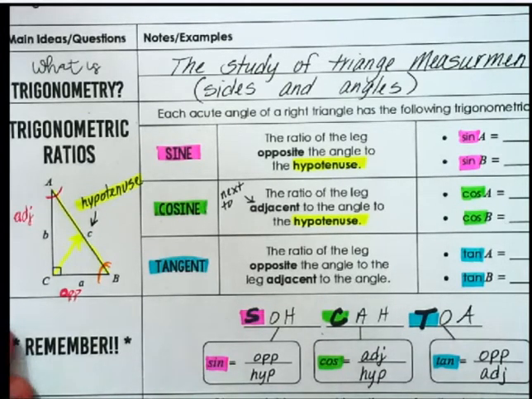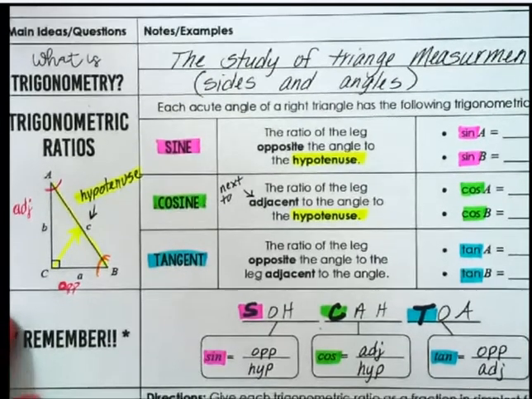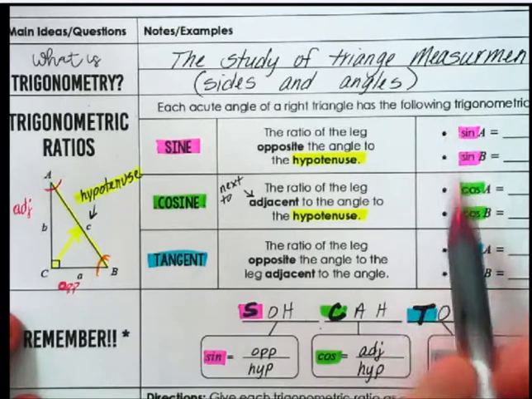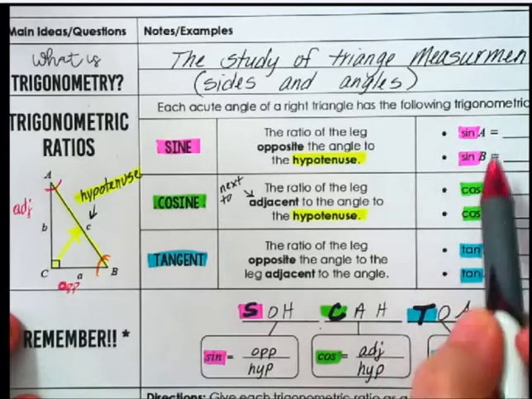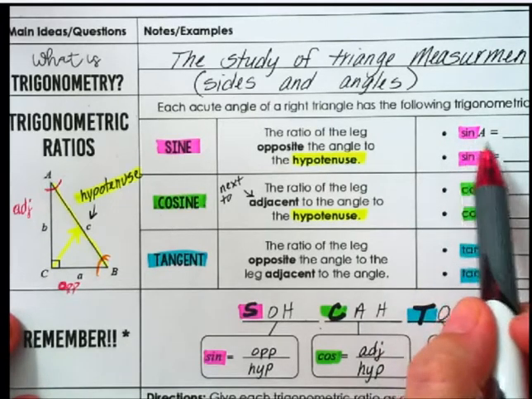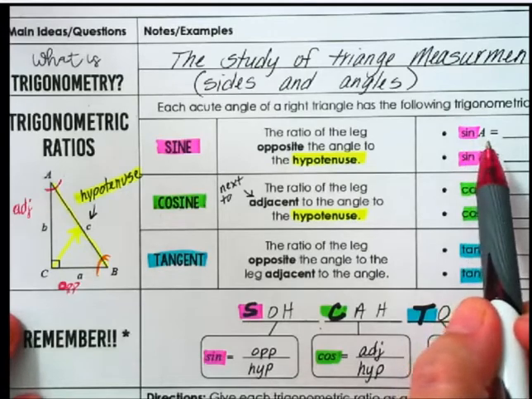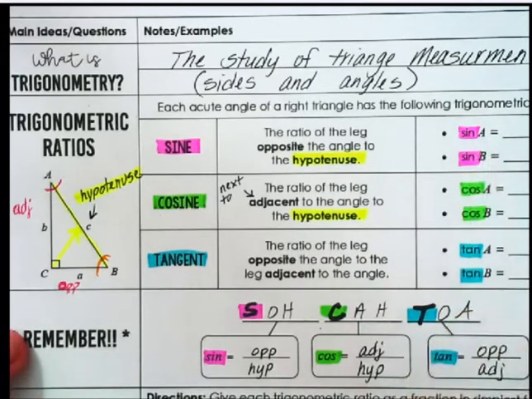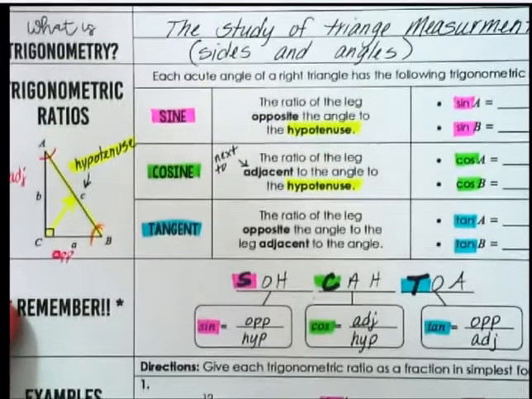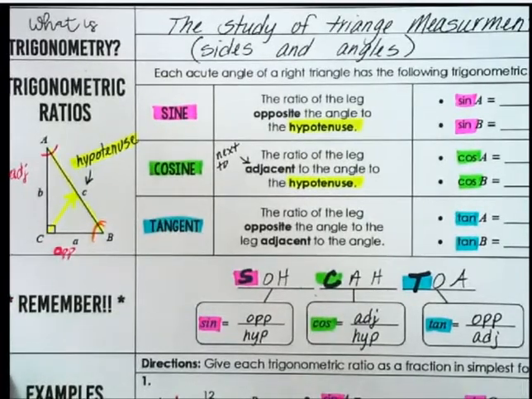So let's come over here and fill in all of our ratios for sine, cosine, and tangent just for angle A. One way that you can help to remember is SOHCAHTOA.